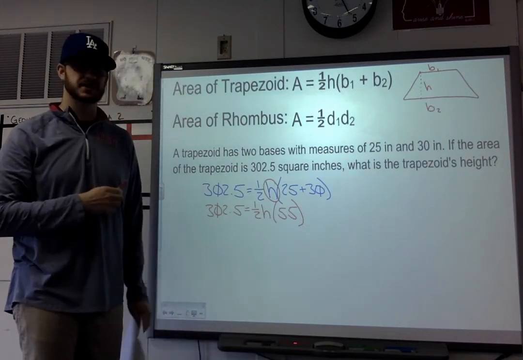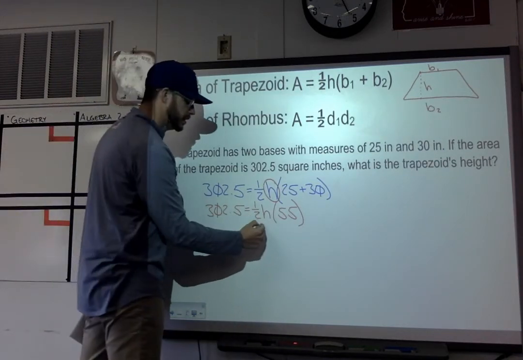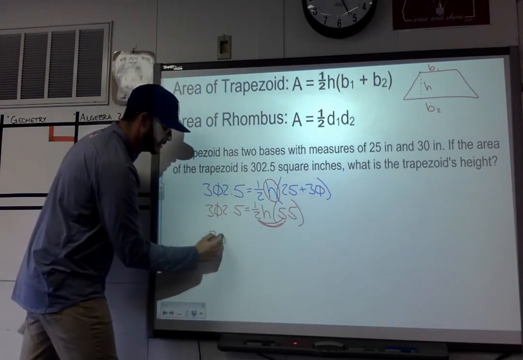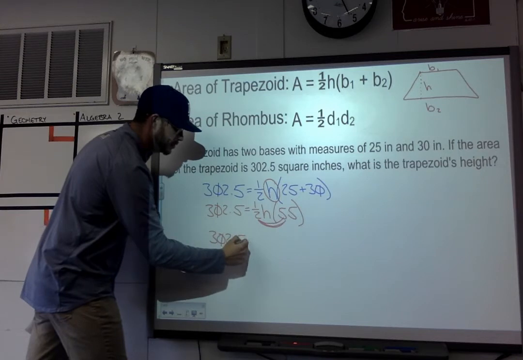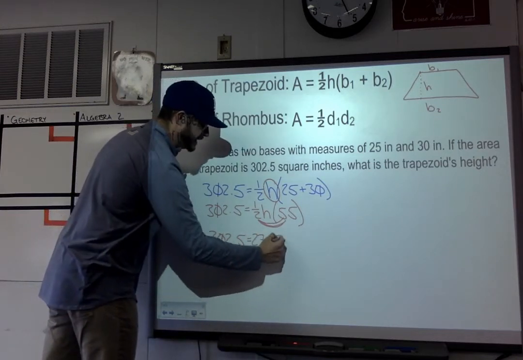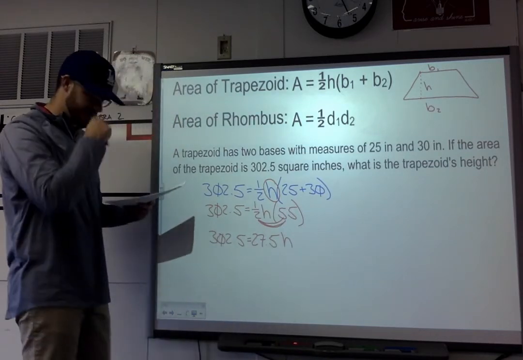Now I'm going to go ahead, since we know in multiplication we have 1/2 times h times 55. With multiplication it doesn't matter what order you go in. I'm going to go ahead and multiply those two numbers together. So 302.5 would equal 27.5 times h.